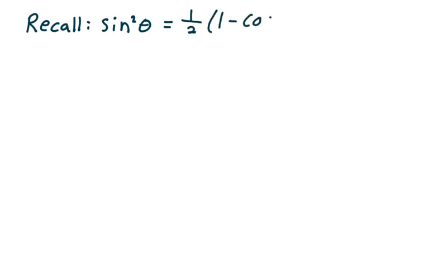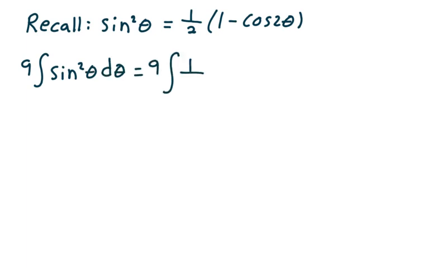Recall, sine squared theta is equal to 1/2 of 1 minus cosine 2 theta. And so 9 times the integral of sine squared theta d theta is 9 times the integral of 1/2 of 1 minus cosine 2 theta d theta.